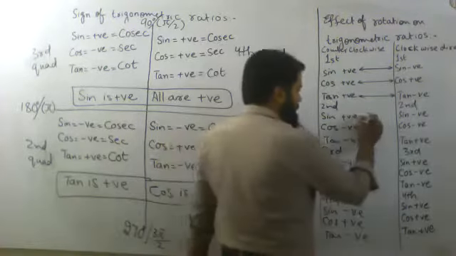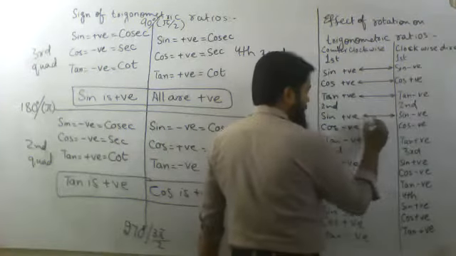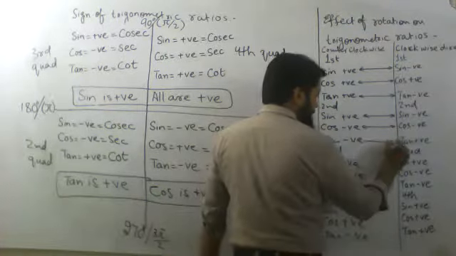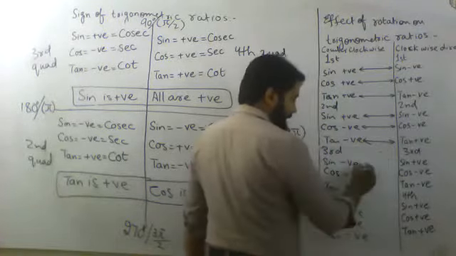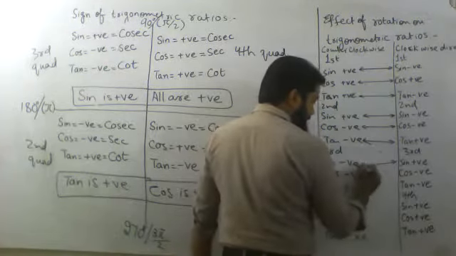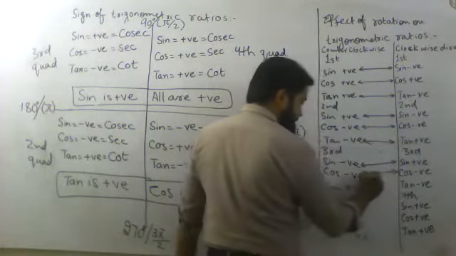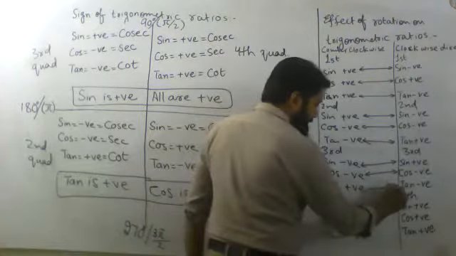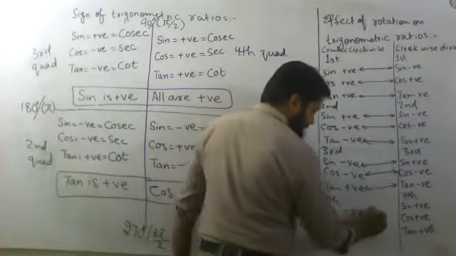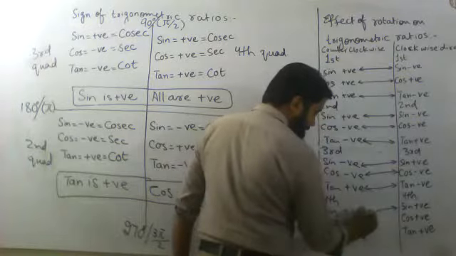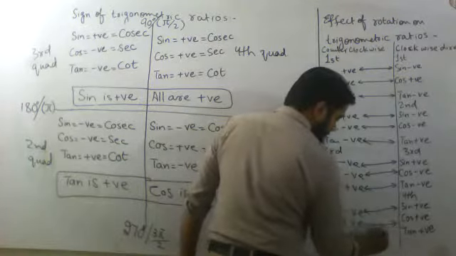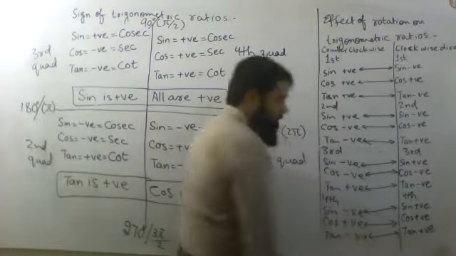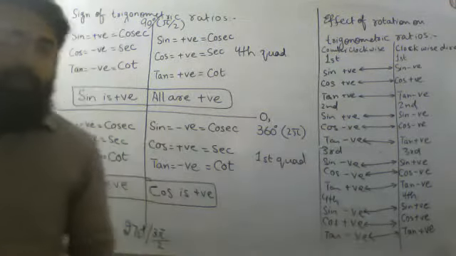Again over here, sine values are changed, cos values are same, tan values are different. Again, sine is different, cos is same, and tangent is different. Sine is different, cos is same, and tangent is different.